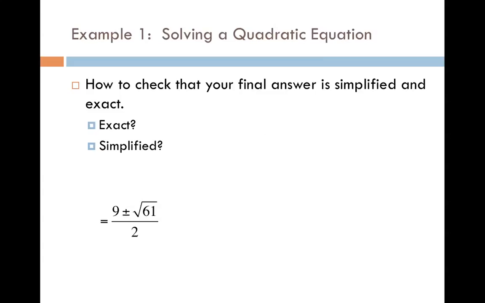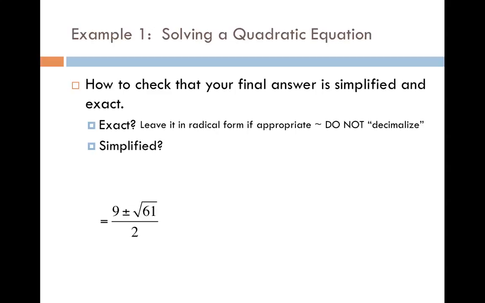Now, how do I check that my final answer is simplified and exact? Well, the exact part is fairly easy. The exact part means that we want to leave it in radical form if appropriate. Or in other words, we do not want to decimalize.